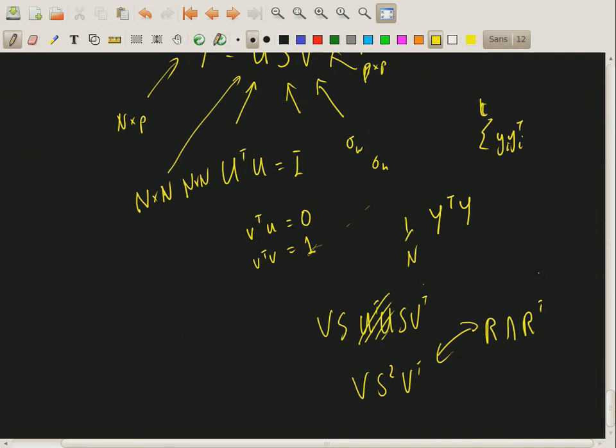It involves a slightly different algorithm. Whether or not it's more efficient, I'd have to think about that. But people often do it that way. So it's a very valid way of doing it. The thing you have to remember is the singular values are the sigmas, whereas in the eigenvalue decomposition, the eigenvalues are the sigma squared. Yeah?